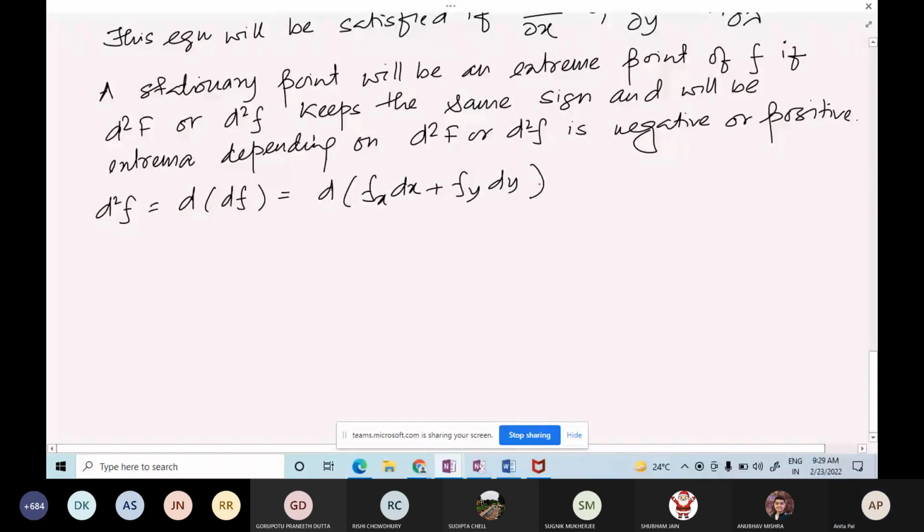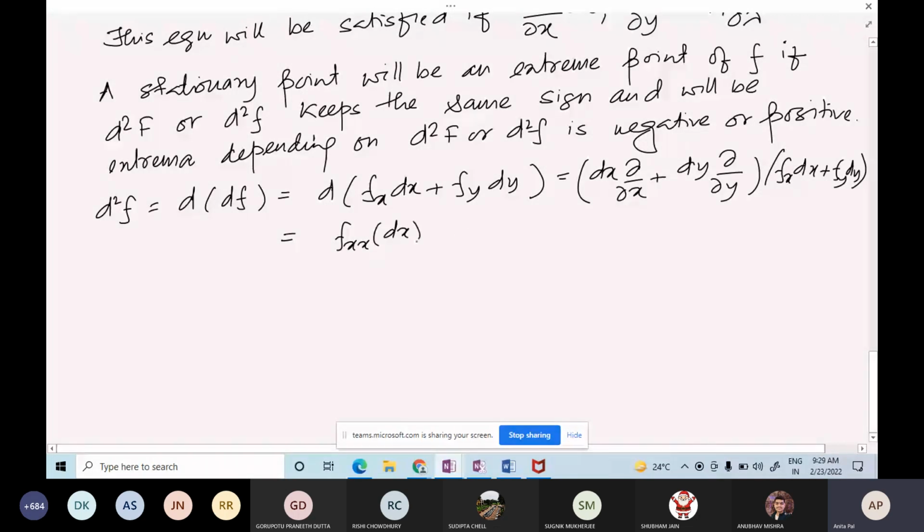So it is dx del x plus dy del y of fx dx plus fy dy. If you apply this, you will get f of xx dx square plus 2f of xy dx dy plus fyy dy square. This we are going to apply in the problems.